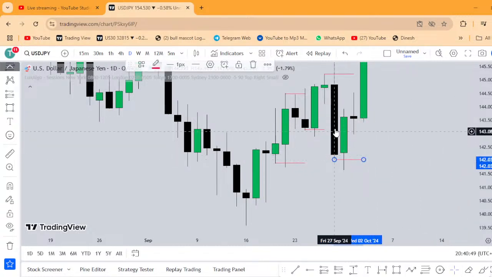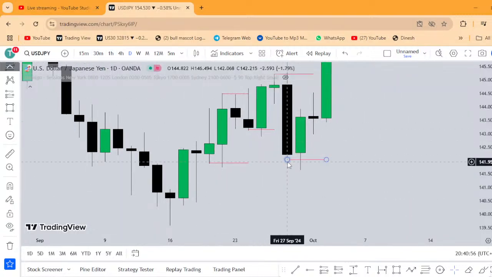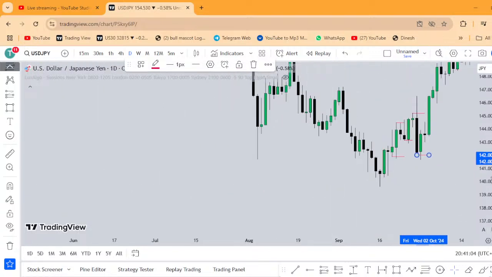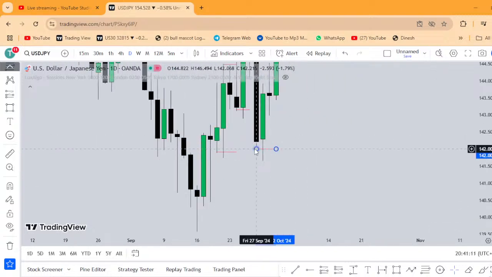So let's look at this example again. How will we take a trade on this particular day? The role of your daily chart is as simple and as clear as direction. So after you have taken previous day's low and your structure is also aligning that we are in a bullish market, as you can clearly see, we're in a bullish market. After price takes previous day's low liquidity on a daily chart, what is your role?